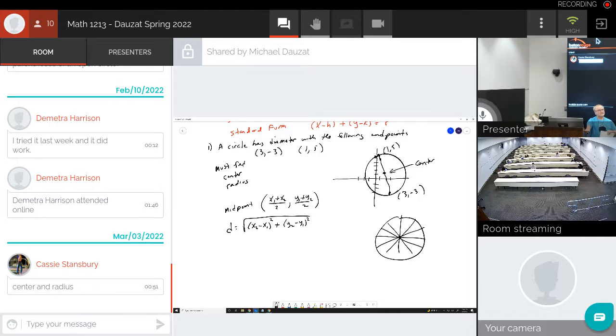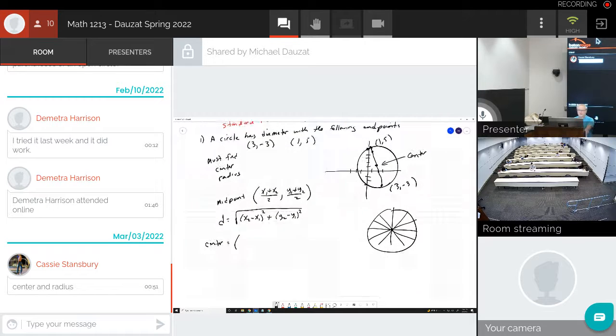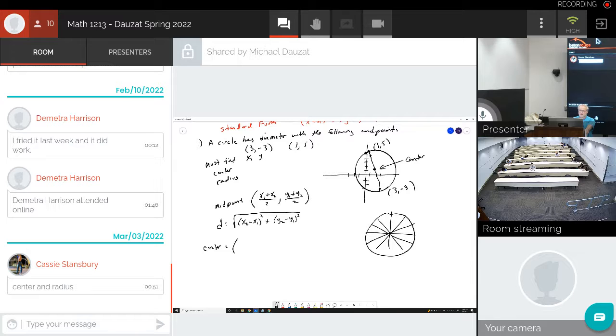So I now know how to find the center. So let's find the center. The center is the midpoint of the diameter. So the center equals. Let's call these x1, y1, x2, y2. So for the center, you add the x's together. So what's x1?